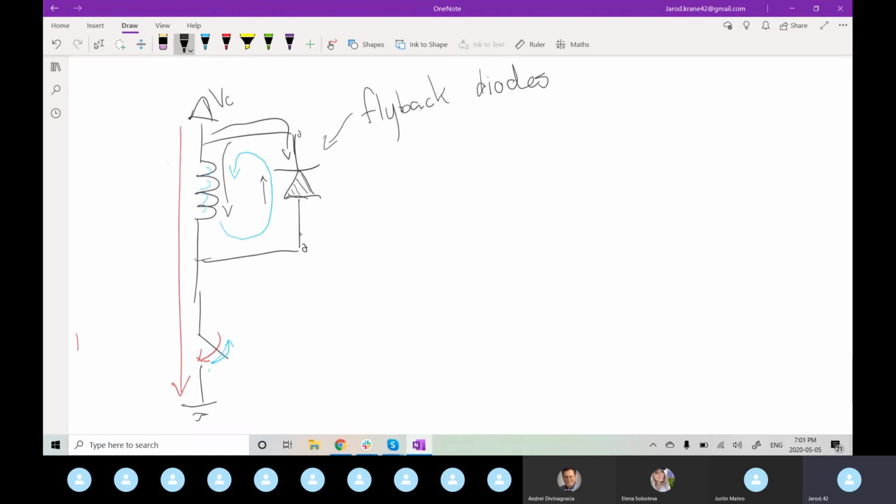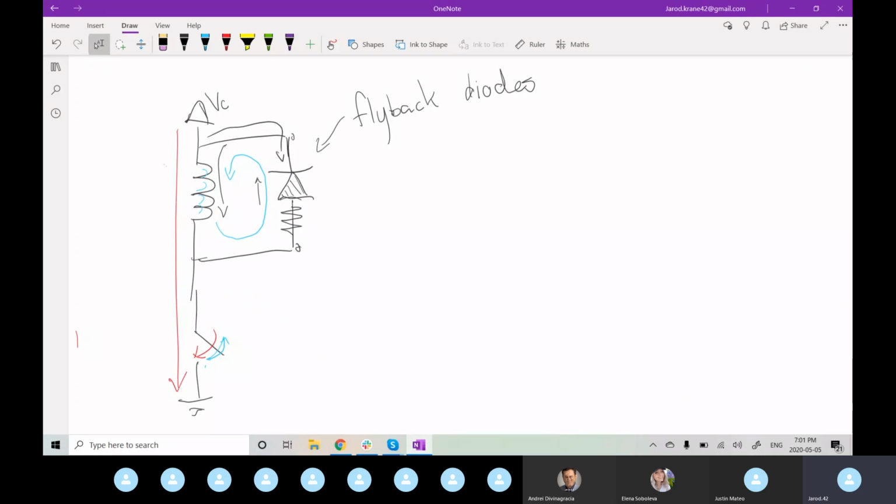Other typical applications will sometimes have a resistor in line with the diode, so that it can dissipate faster, or have a greater current draw. But does everybody understand that much? Getting the current path?